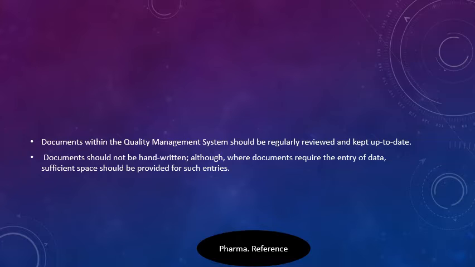Documents within the quality management system should be regularly reviewed and kept up to date. Documents should not be handwritten, although where documents require the entry of data, sufficient space should be provided for such entries.